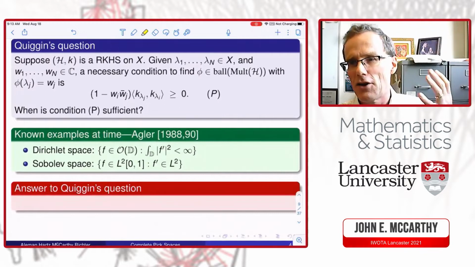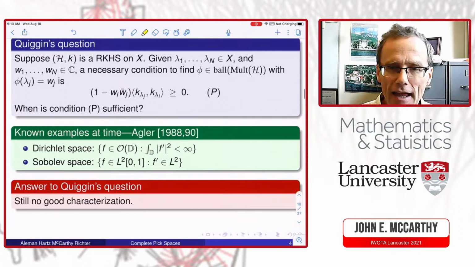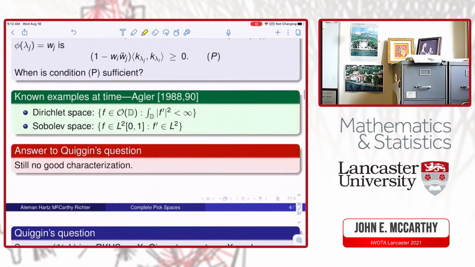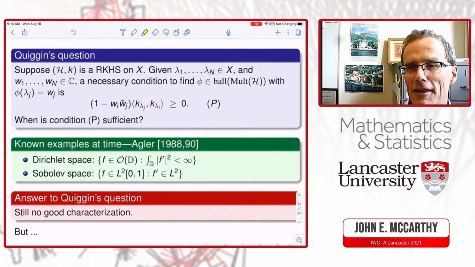So, of course, we'd like to know the answer to Quiggin's question. And unfortunately, there's still no good characterization of spaces for which this Pick condition is always sufficient. So that's the bad news. But there's good news.